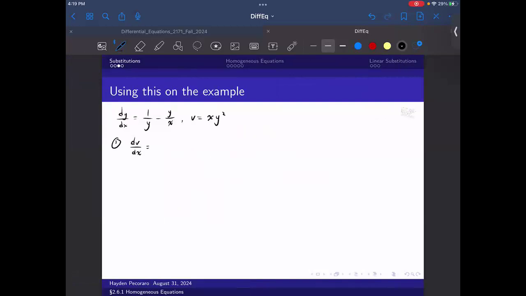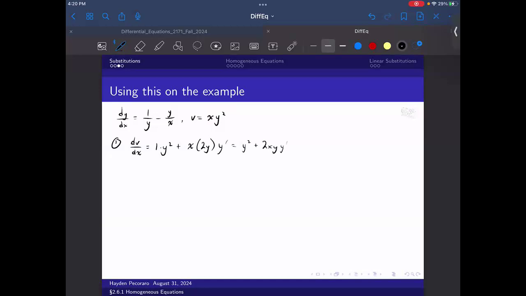Product rule, yeah, because I have a function of x times another function of x, because y depends on x. And so we get 1 times y squared plus x times 2y, and then what? Y prime. Don't forget that chain rule right there. All right, so this is y squared plus 2xy y prime.